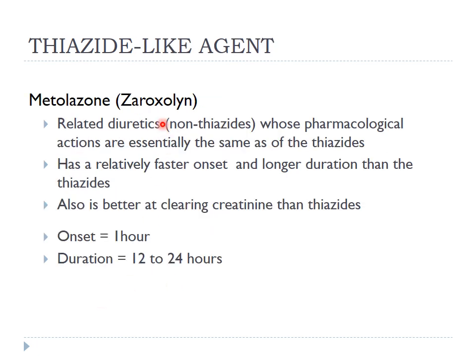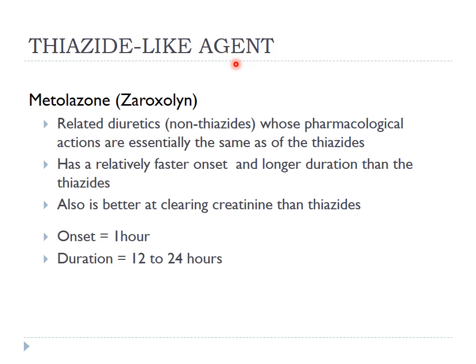Now, this one is a thiazide-like agent. What does it mean? It's a wannabe thiazide. It's related to thiazide and does essentially everything exactly the same as thiazide. It just does not chemically look like a thiazide agent.